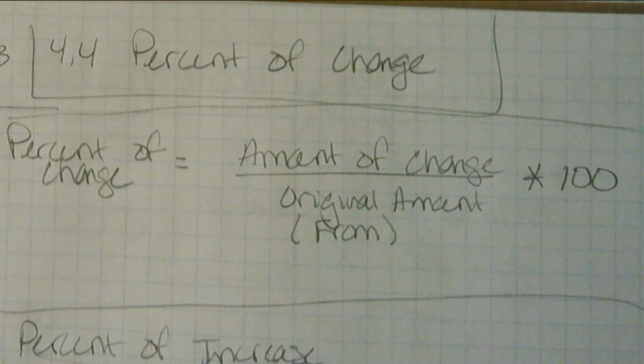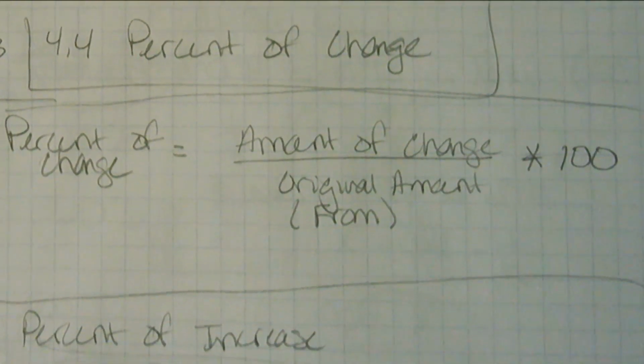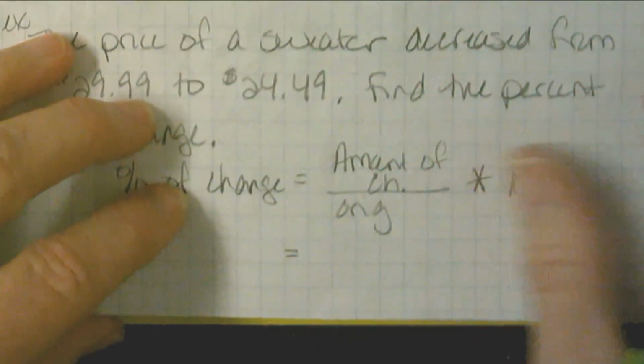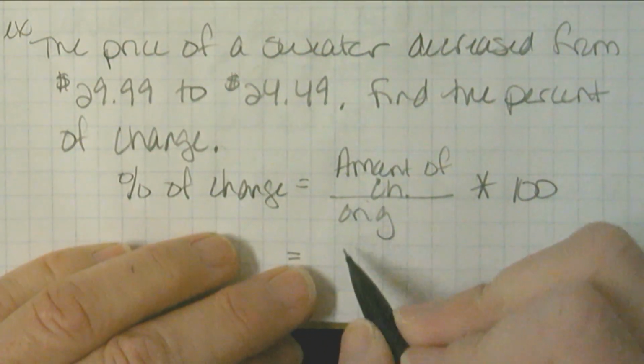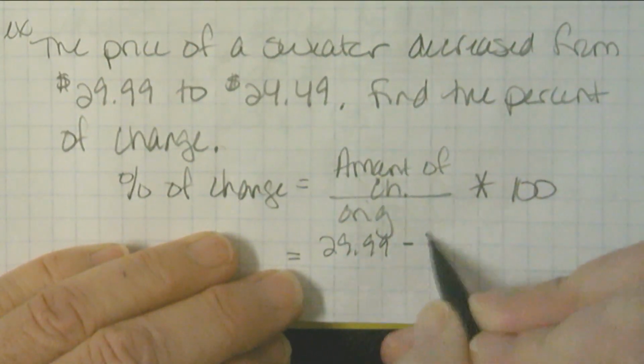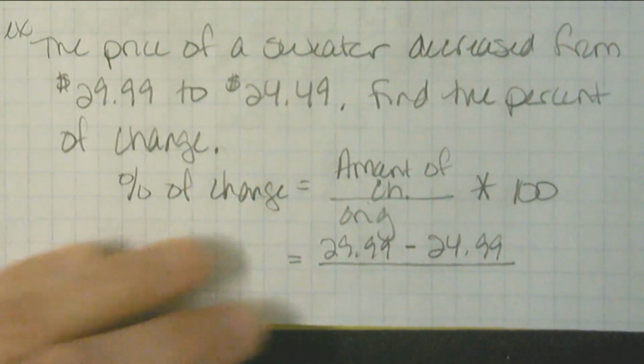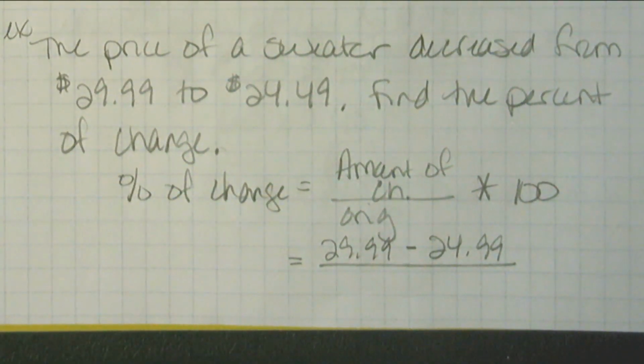So to find the amount of change, you are going to subtract those. So you take your bigger minus your smaller. Are you good with that? Awesome. So that's exactly what I am going to do, Chris. So I'm going to take $29.99 and subtract off $24.99, divided by, well, what's my original? In this problem, what's my original?